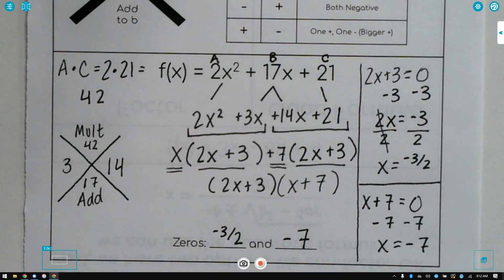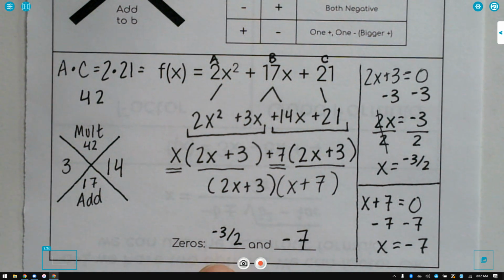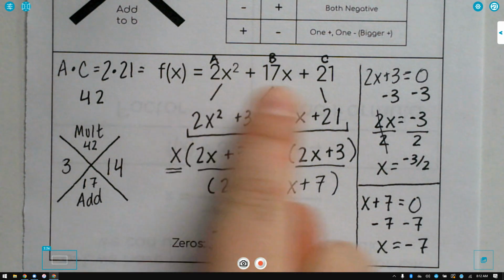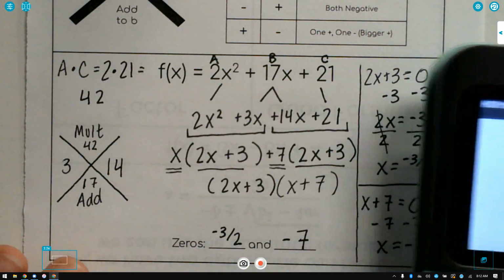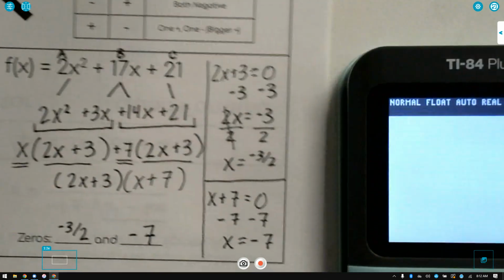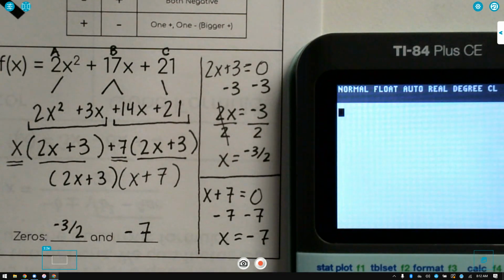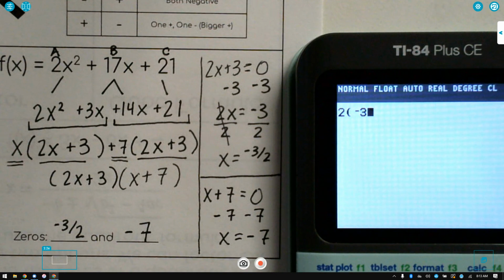What this means is that if I were to plug in negative 3/2 or negative 7 for x in this equation, I would get 0. Let me do that real quick. I just think understanding that that's how you would check it is cool.